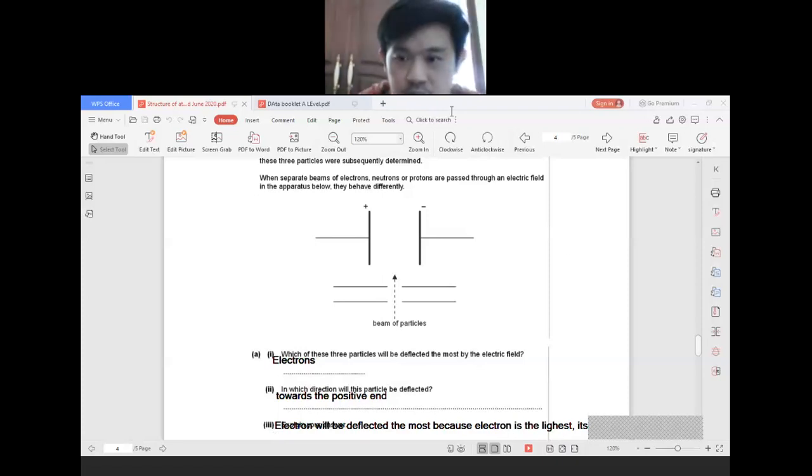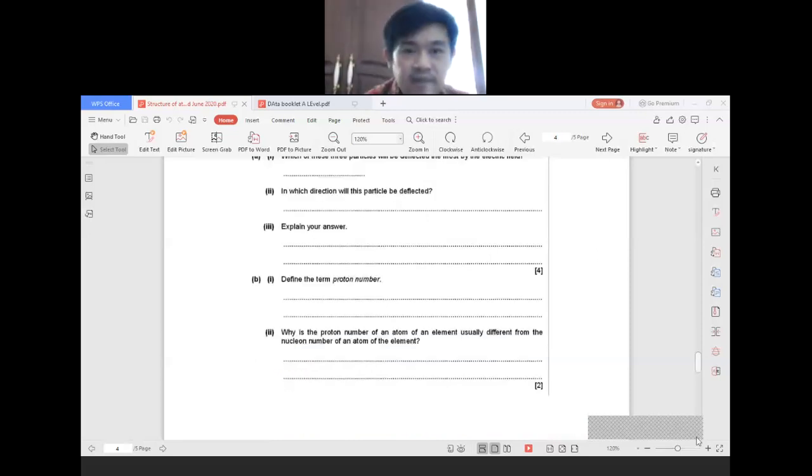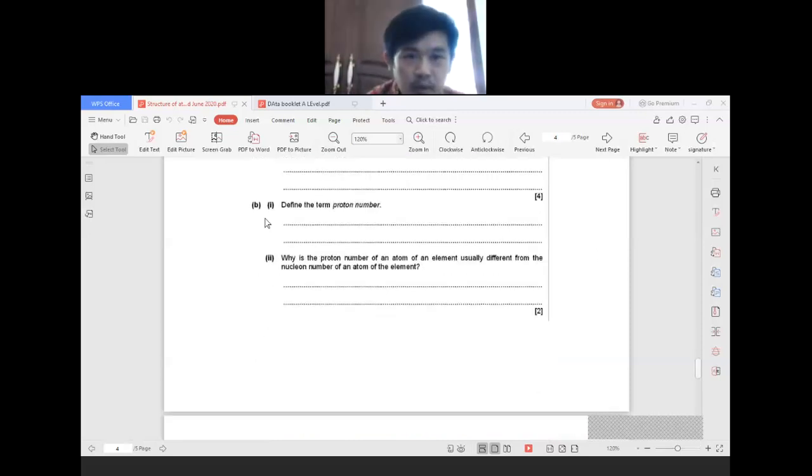And then this one, define the term proton number. Proton number is, so here proton number equals atomic number.